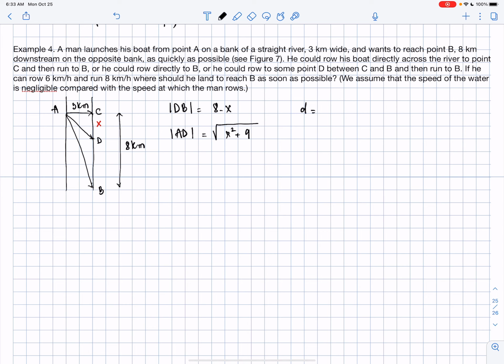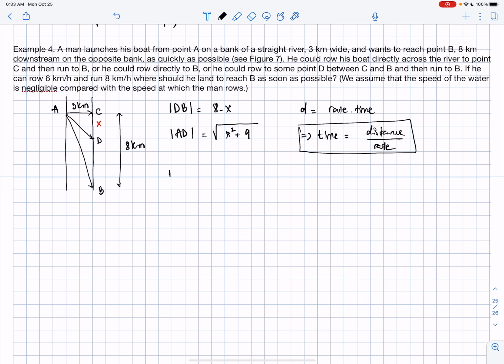So we know the formula is distance equals rate times time. If we want to solve for the time, it is equal to the distance divided by the rate. So we can apply this formula.